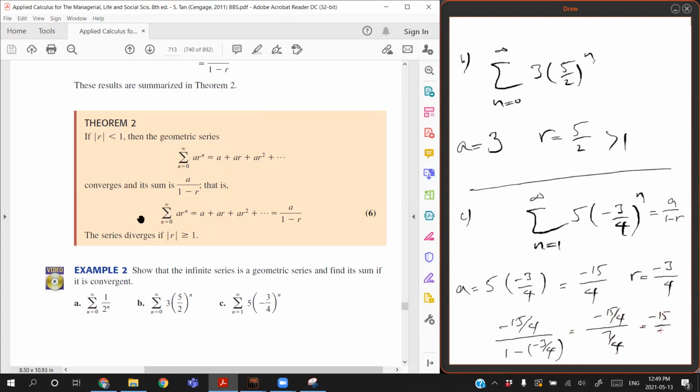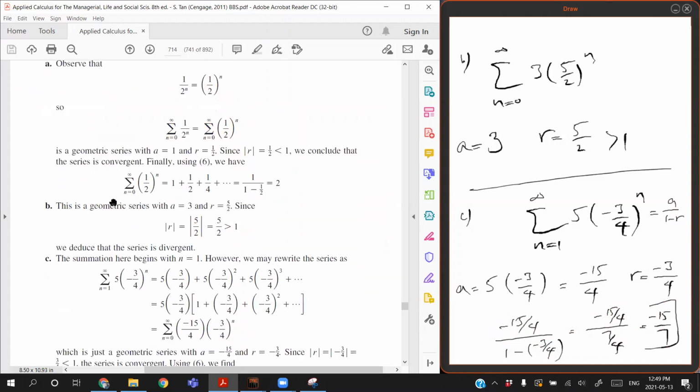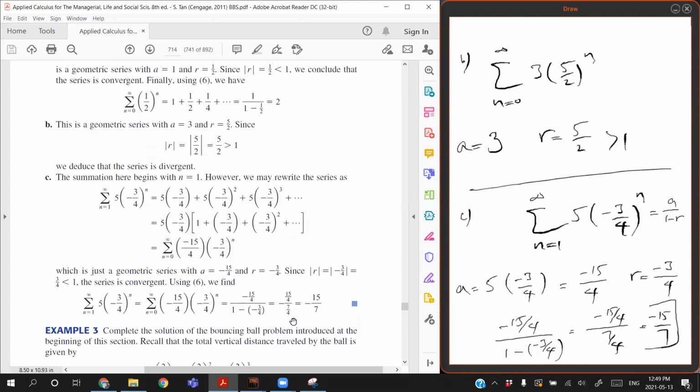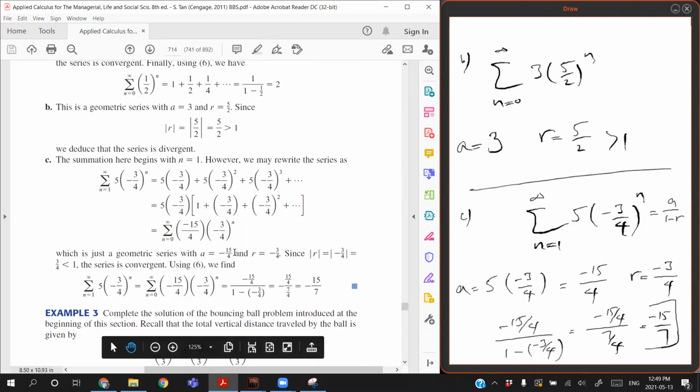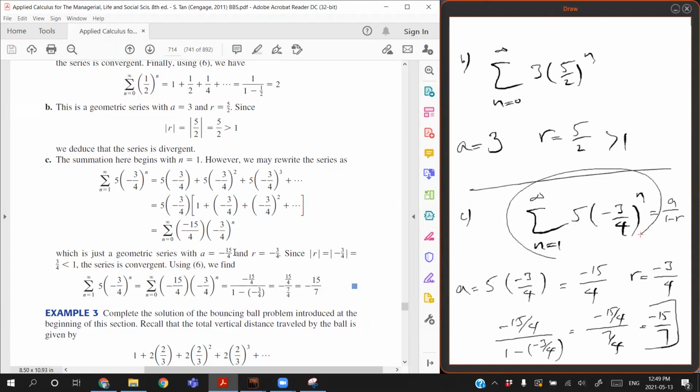That's going to be negative 15 over 7. Is that clear? So it converges? Yes, it converges to negative 15 over 7. That is, if you add up these terms from the first one up to infinity, the value of that sum is going to be equal to negative 15 over 7.